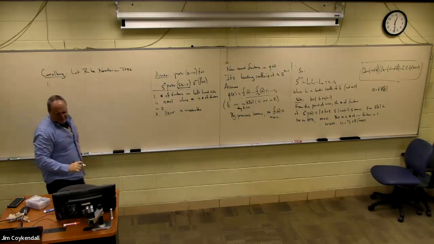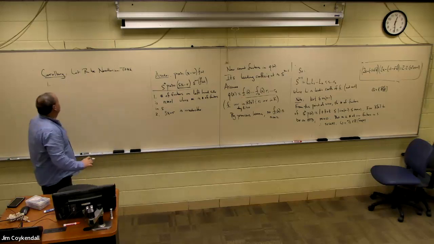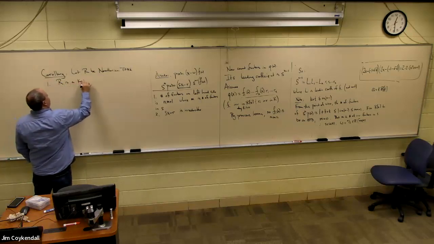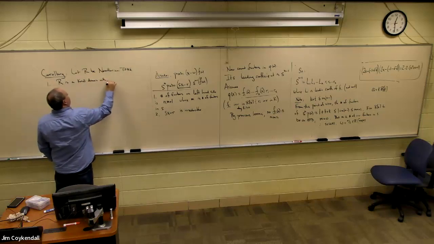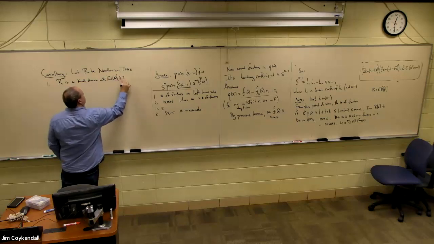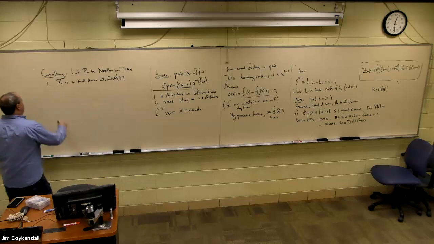Number one, R is a Krull domain. We have CL(R) less than or equal to... R[x] is an HFD.